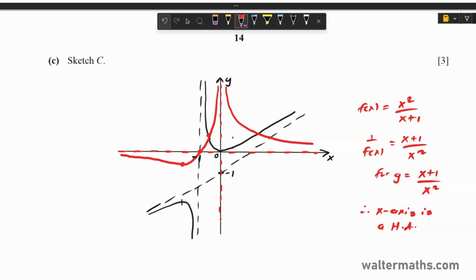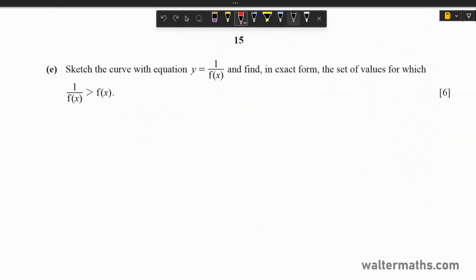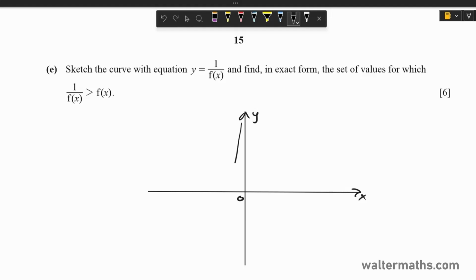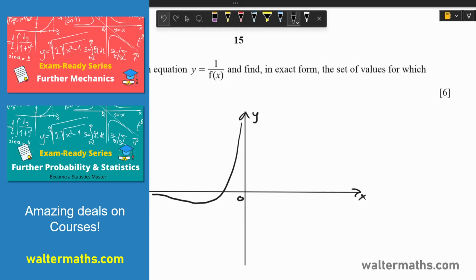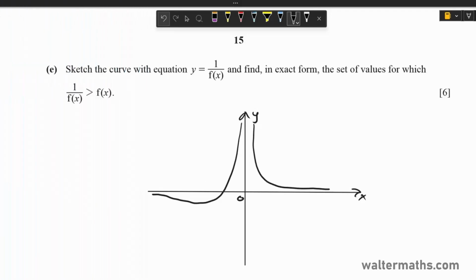So this is how the graph will be like. So let's make the sketch down here. So we will have the axis and the graph coming like this. So this here is the reciprocal graph. It intercepts here at minus 1.